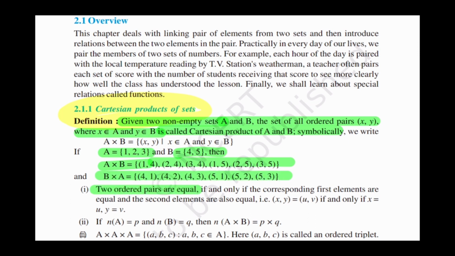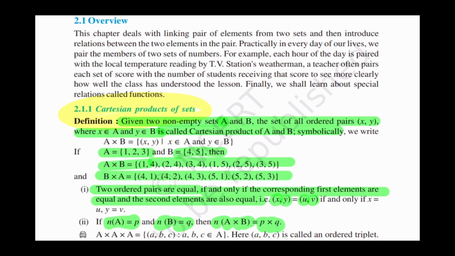Two ordered pairs are equal if and only if the first elements are equal and the second elements are equal, meaning x is equal to u and y is equal to v. If the number of elements in A is p and the number of elements in B is q, then the total number of elements in A cross B is p into q.